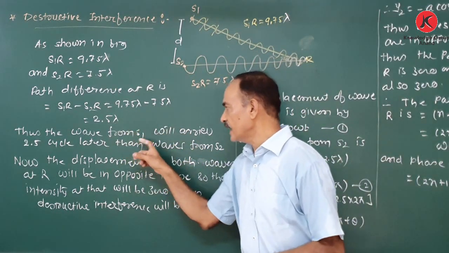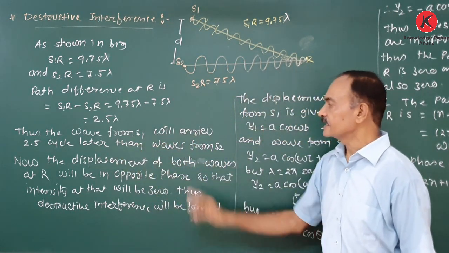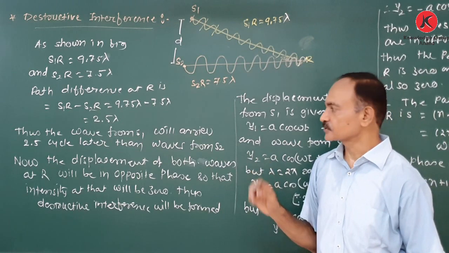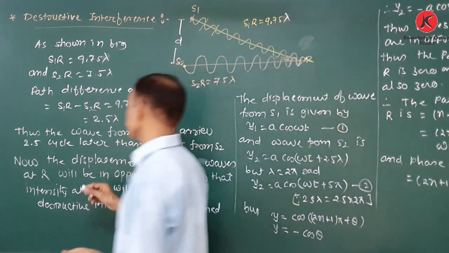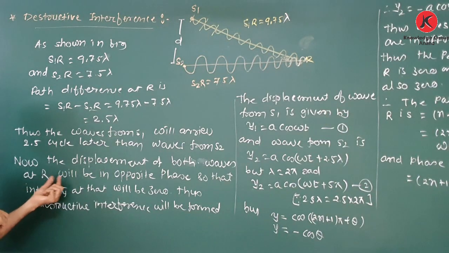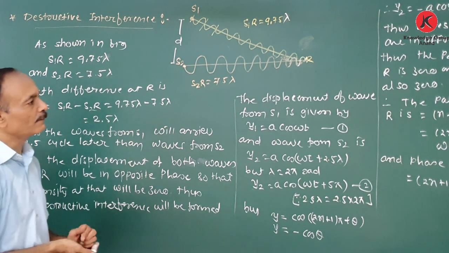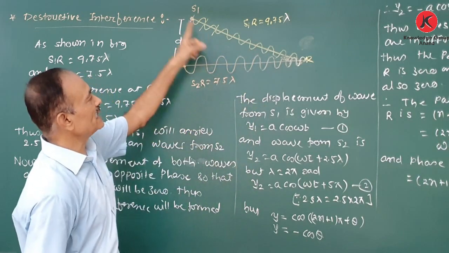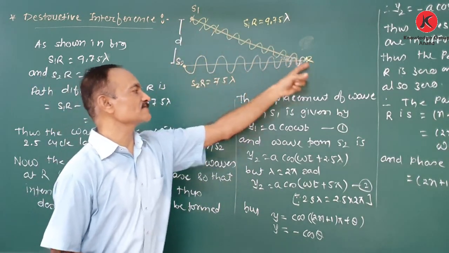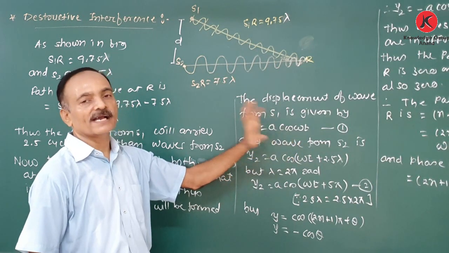Thus, the wave from S1 will arrive 2.5 cycles later than the wave from S2. Now, the displacements of both waves at R will be in opposite phase, so the intensity at that point will be 0. Thus, destructive interference will be formed. Now, the displacement of the wave from S1 at R is given by the equation y1 is equal to A cos omega t.